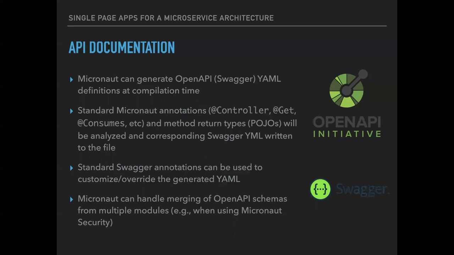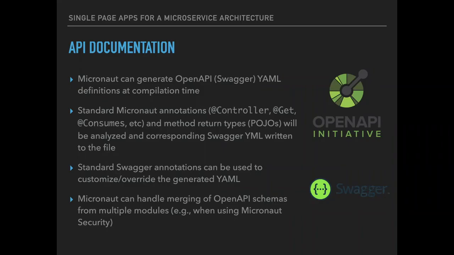And Micronaut can actually generate Swagger documentation for you simply by analyzing your code. It can analyze your controllers. It knows what query parameters they take. It knows what body types they take. And it can actually generate very helpful Swagger documentation without really any effort on your part.